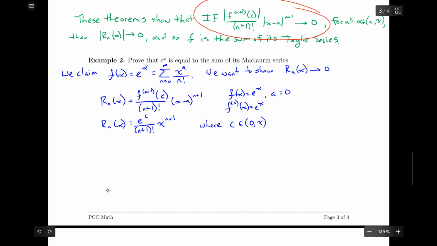And I actually see an error I made way up here in my note. In this green note up above, we wrote that this is the value of x. That should have been a c, between a and x. So here's our Lagrange form of our remainder.